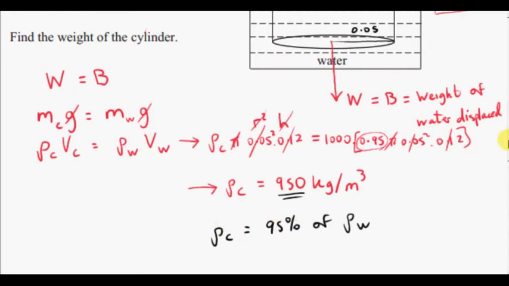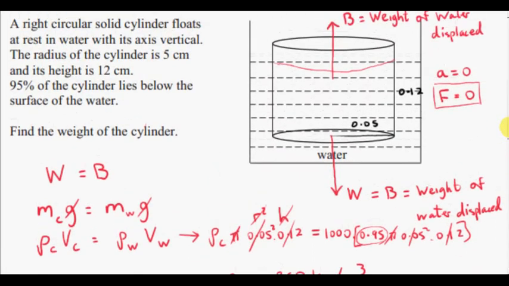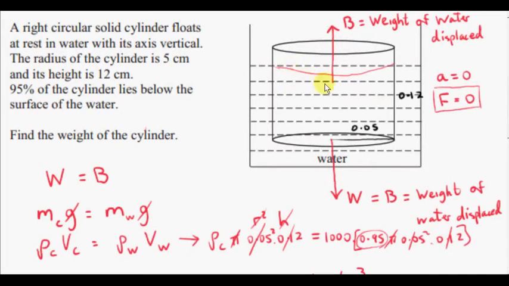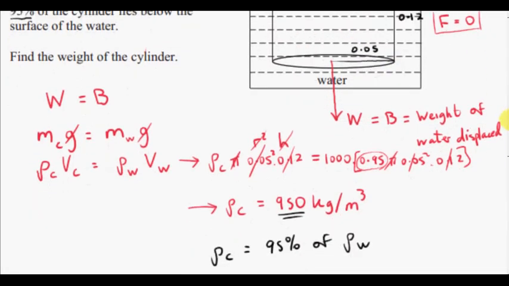So if we have an object that's immersed in water, and we know what percentage of its volume is immersed, so 95% of the volume of the cylinder is immersed in water, then we know that the density of the object must be that percentage of the density of water. So if 95% of the volume is immersed, then the density of the object is 95% of the density of water, which is 950 kilograms.